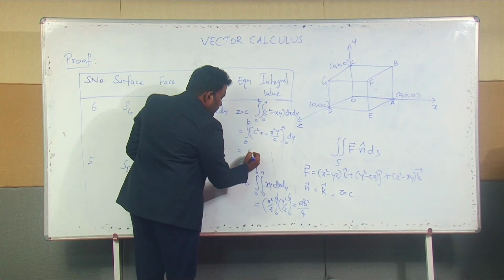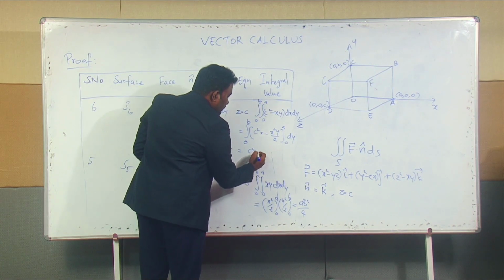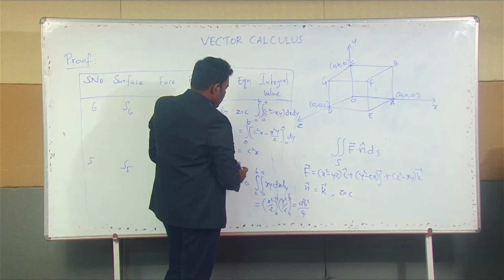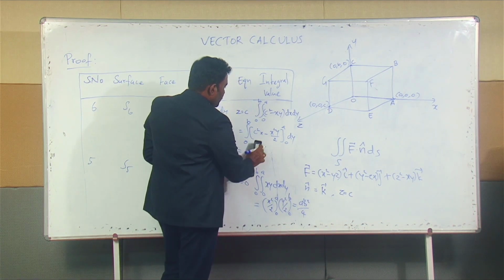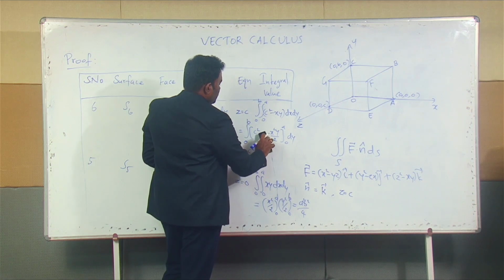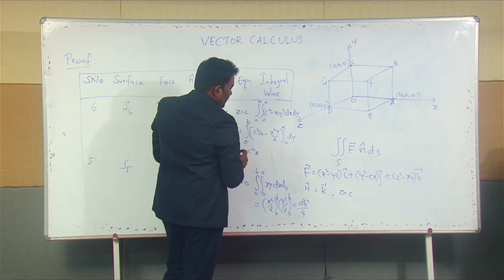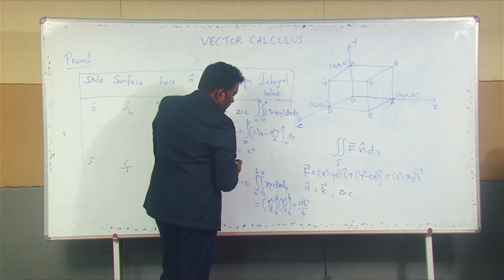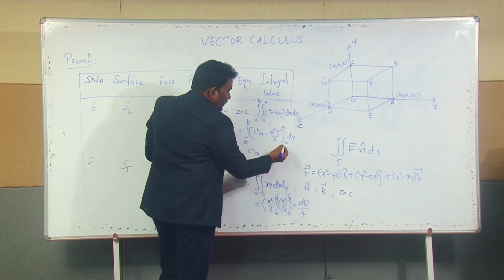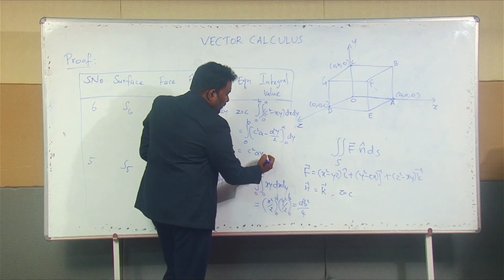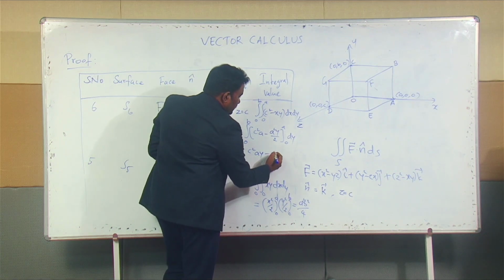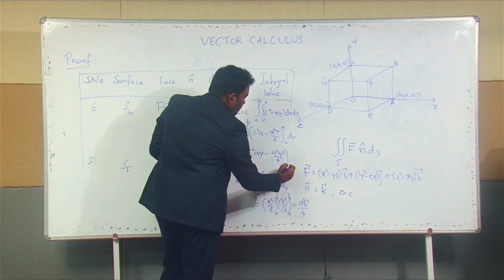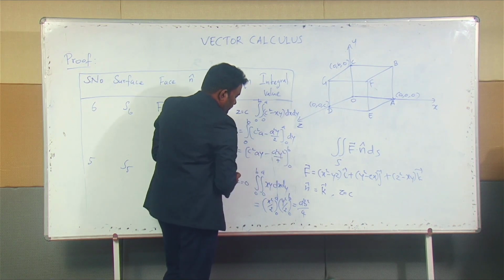So, it becomes c square, we have to apply the limit here. Yes. So, when you integrate with respect to y, it becomes y and then a squared y squared by 4, and it is from 0 to b, right.